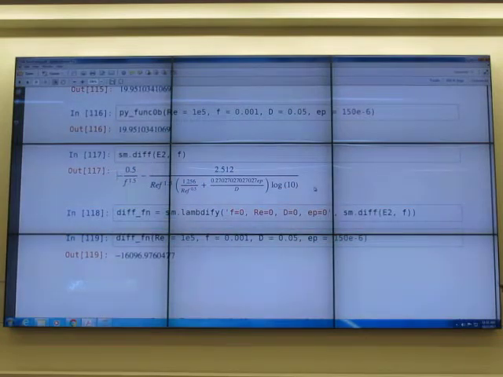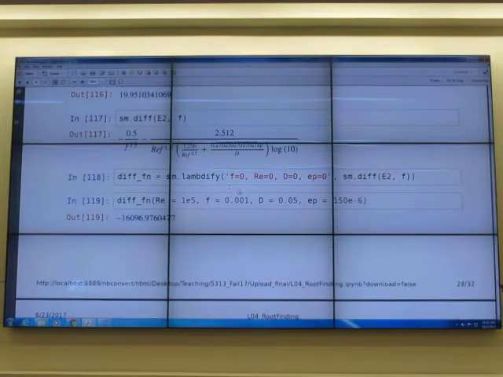In the Newton method, you need a slope. When you need a slope, you do the differentiation with respect to f, if you want to find f. If you want to find RE, you find the slope with respect to RE. Let's lambdify it. So we do Sm.lambdify.